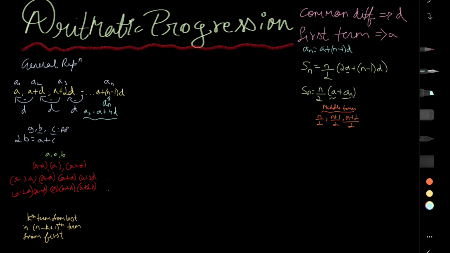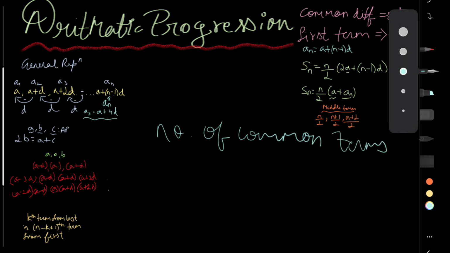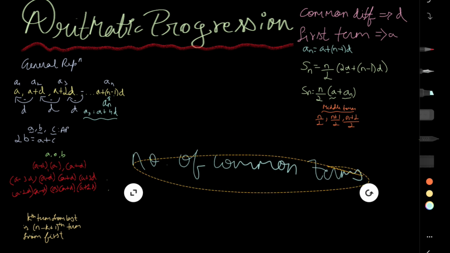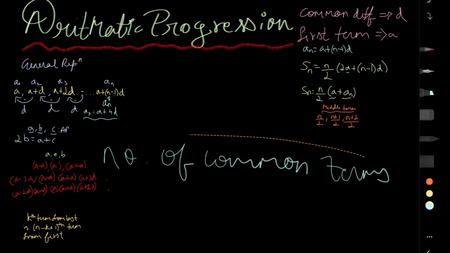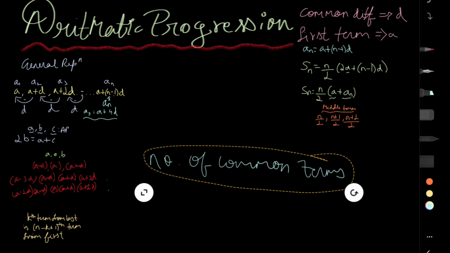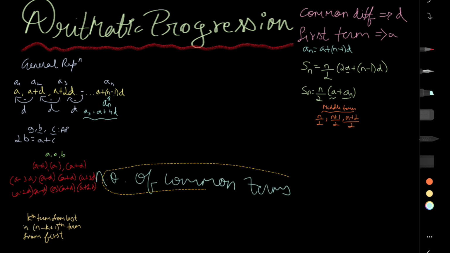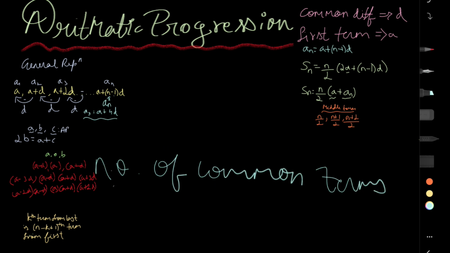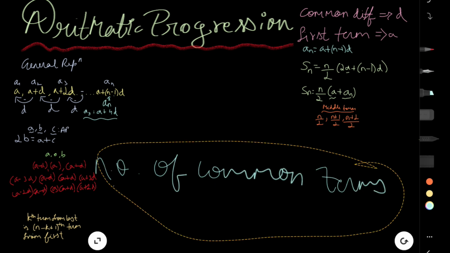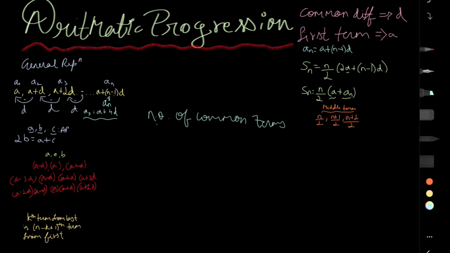Right. So now this was all about AP. Now if we want to find the number of common terms in APs, they will be giving us 2 or 3 APs, and they will be asking us common terms. It's not simple.